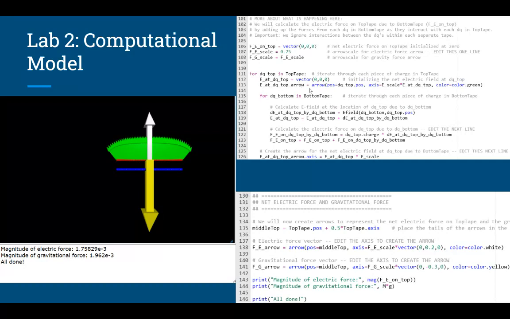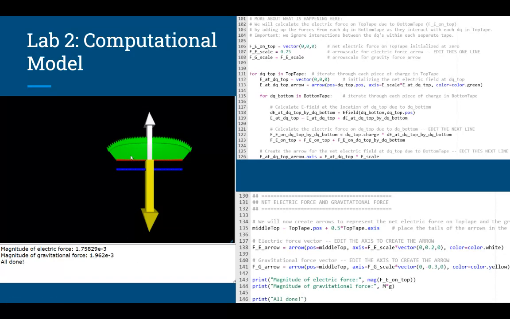You can see arrows for the field, and then this right here is the net electric force and gravitational force. Once again, this is mainly just creating arrows. This down here outputs the E field and the electric force.